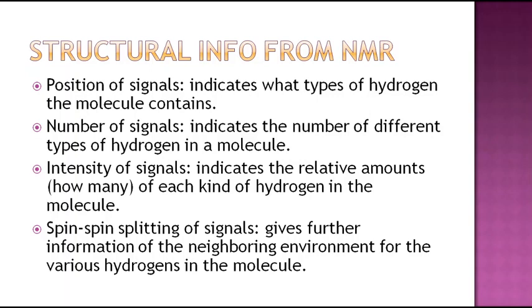Similarly, in UV, we get only a few peaks. That too does not straight away give any information, and therefore we consider the shape of the peak and the lambda max, and we try to find out whether it is pi to pi star or n to pi star, like that. But in IR, we consider the peaks above 1500, and we try to find out the stretching frequency, and that too cannot give concrete information.